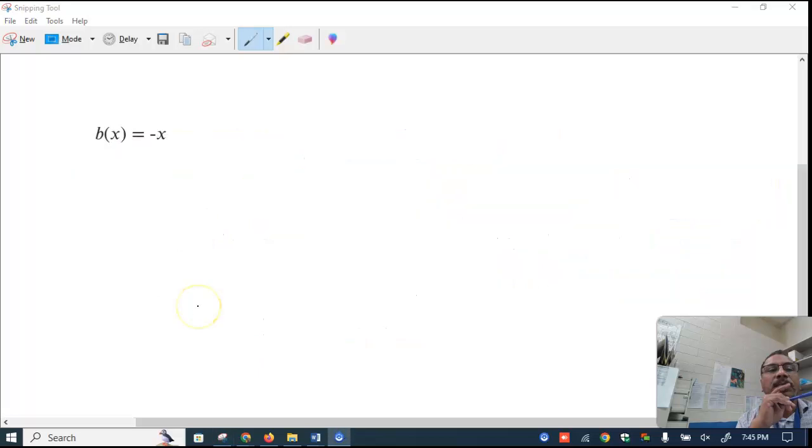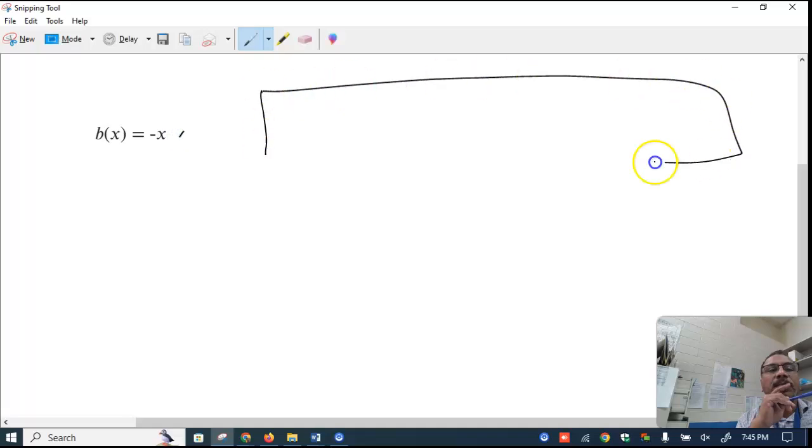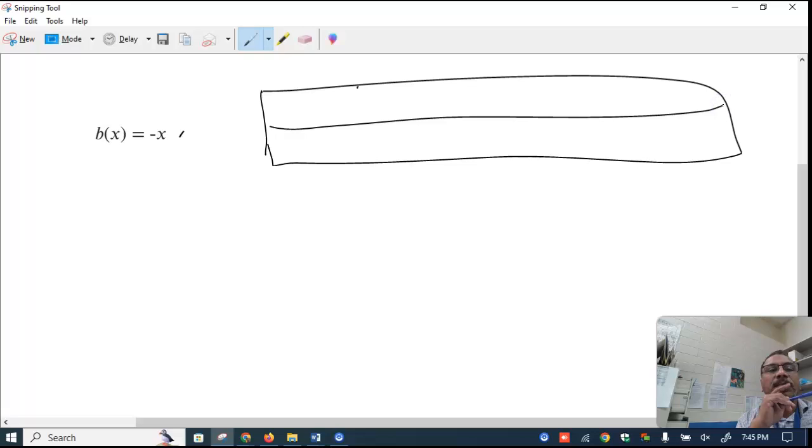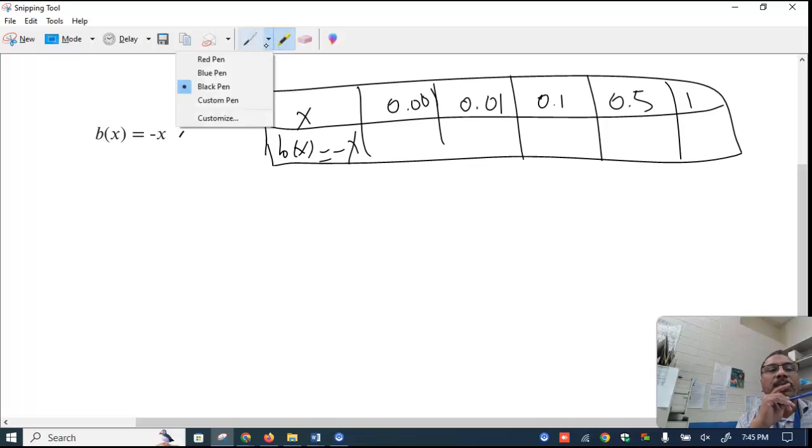Let's do the next. So what does this one be? Here you will see b raised to the power negative x. So for small positive values of x, okay, if I start with very small, let's see, 1, 0.5, 0.1, 0.01, and 0.001, and if this is x, then b to the x is negative x. So the input will change to negative.